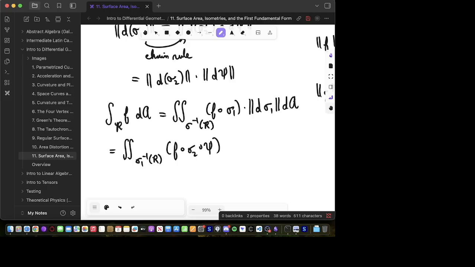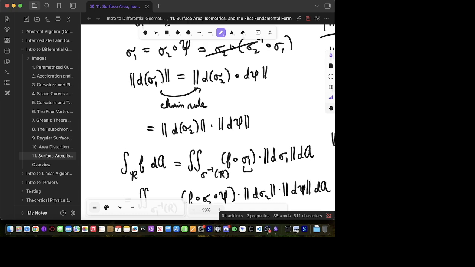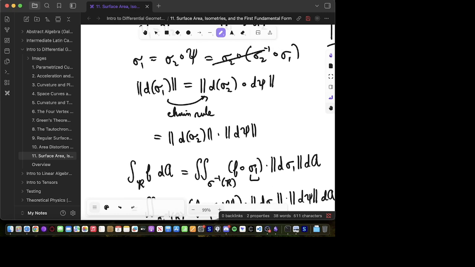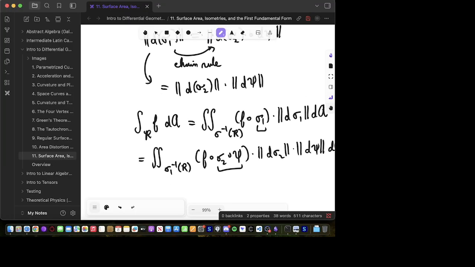This is by expressing sigma 1 as sigma 2 composed with psi. And then remember that we have this, d sigma 2, the area distortion of that times the area distortion of d psi is equal to the area distortion of d sigma 1.